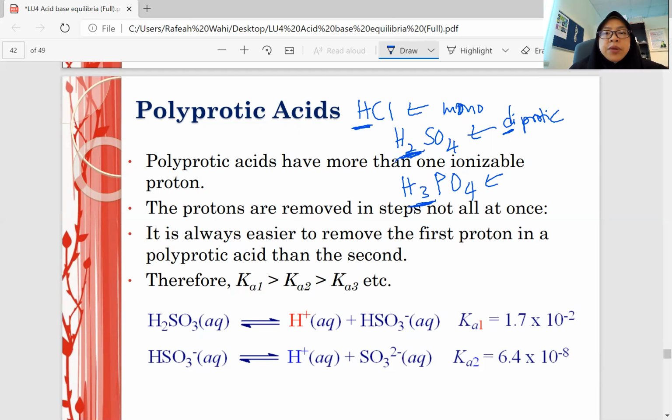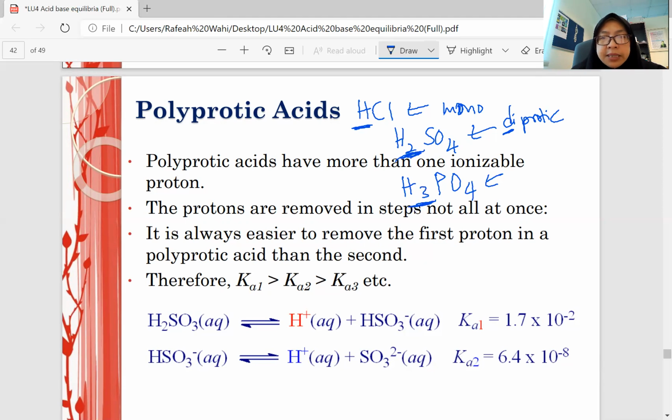When we have more than one ionizable proton, these protons are not released all together at one time. They are not released all at once. They are removed or released from the solution, or they dissociate, or they ionize.